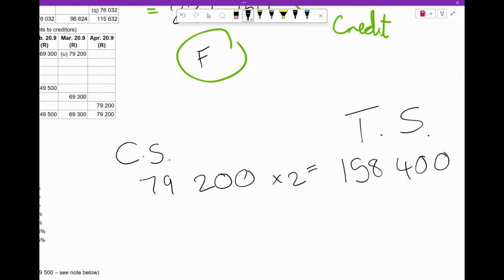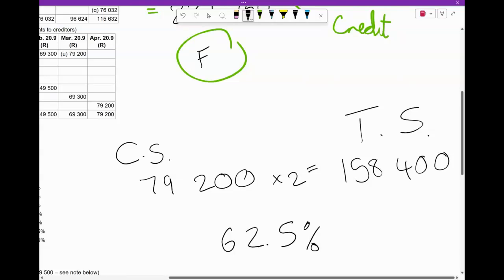So what we are trying to calculate is cost of sales, so we can work out our purchases. Because we know that cost of sales is equal to your purchases for that month, because all our inventory gets used in the month that we purchased the inventory. Does that make sense? Because remember, they told us there's no opening and no closing inventory. So we know that our cost of sales is 62.5% of our sales.